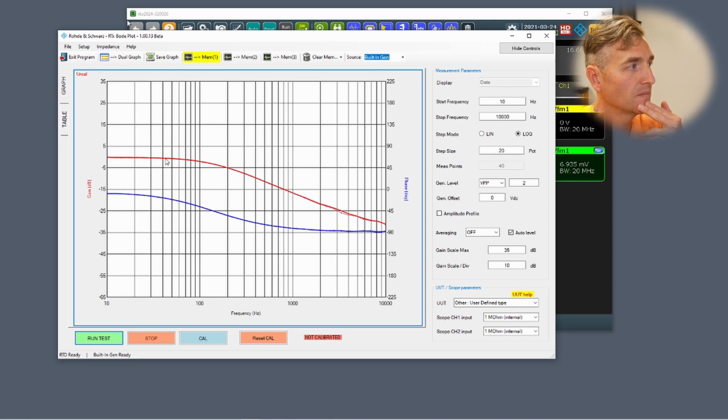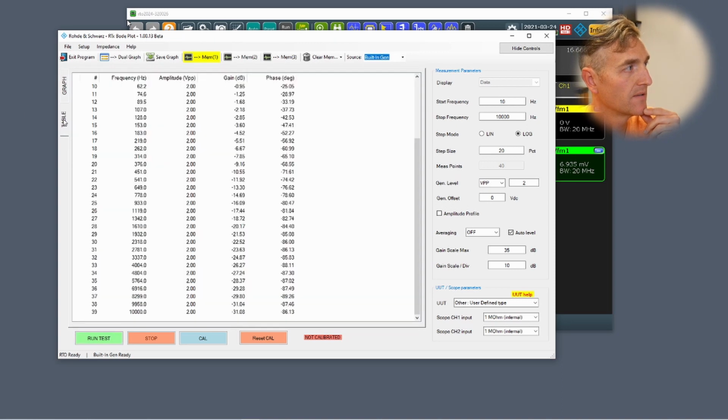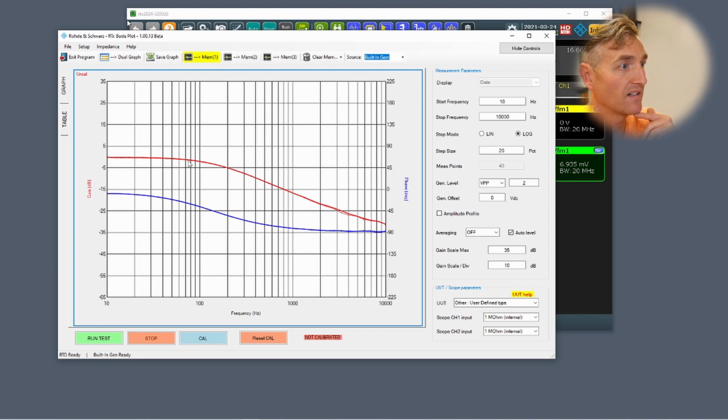In a practical sense, this is an actual second order filter. But despite that fact, let's see, -3 dB at 128, and we said it should be around 100. So its cutoff frequency isn't quite as low as we designed for.